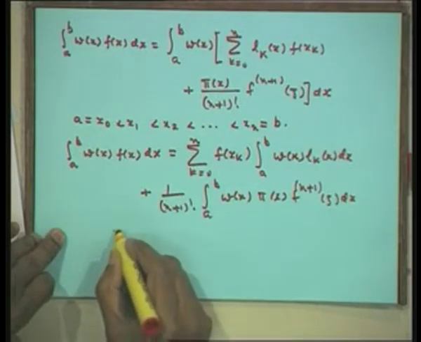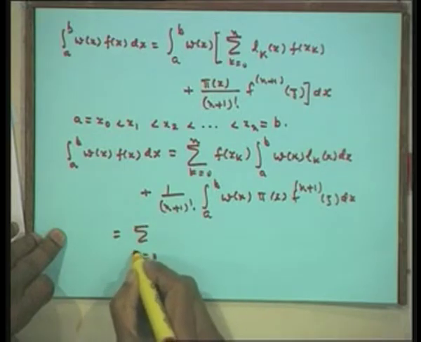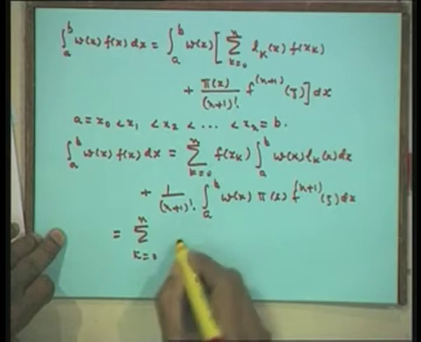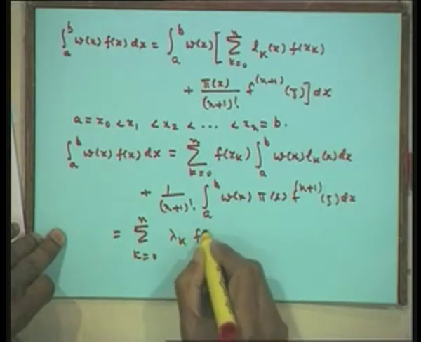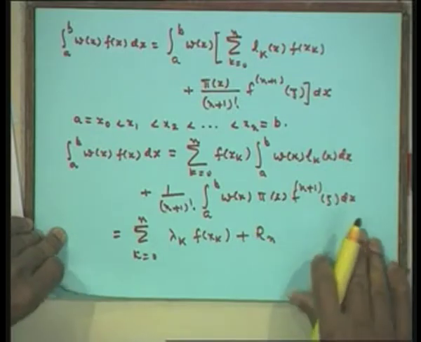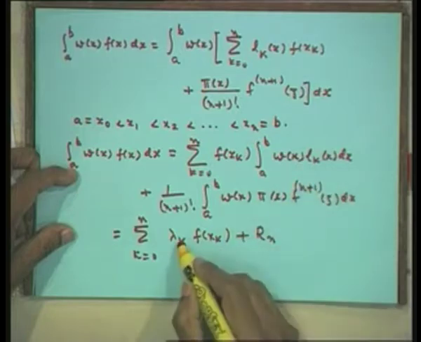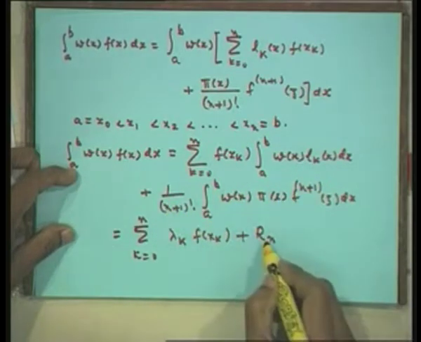Now, we will set it equal to summation k is equal to 0 to n lambda k f of x k plus r n, where we have denoted this integral by lambda k and this error term as r n.